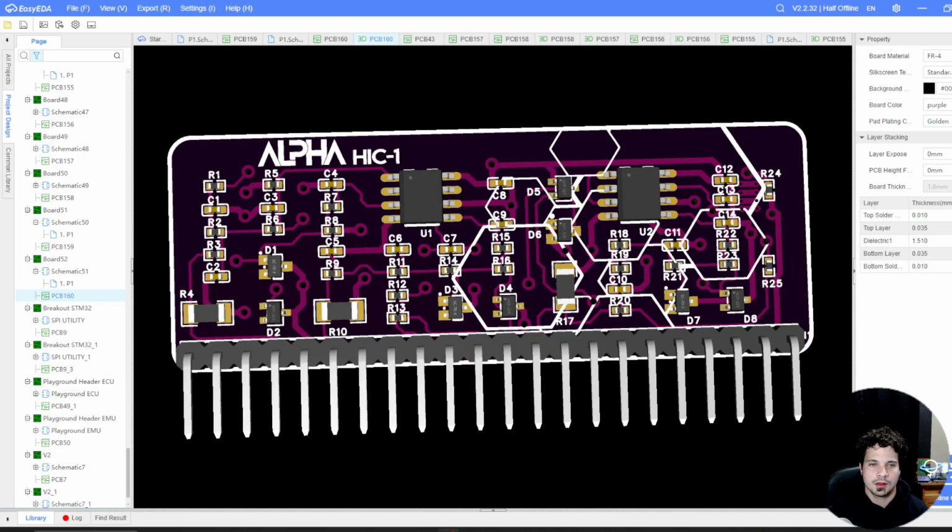And last but not least, we have the HIC1 module. So the HIC1 module is actually a comparator circuit. It is designed to take the signals from the distributor and clean them up and turn them into a signal that the ECU understands.